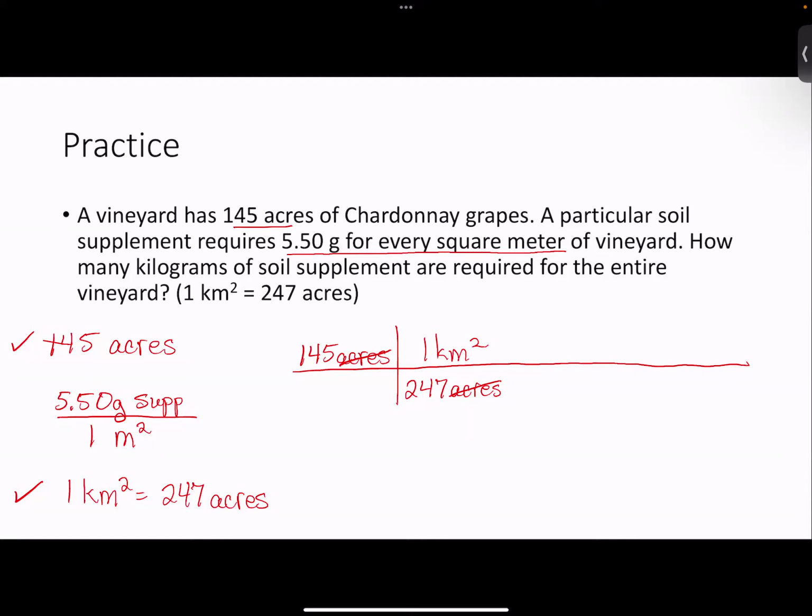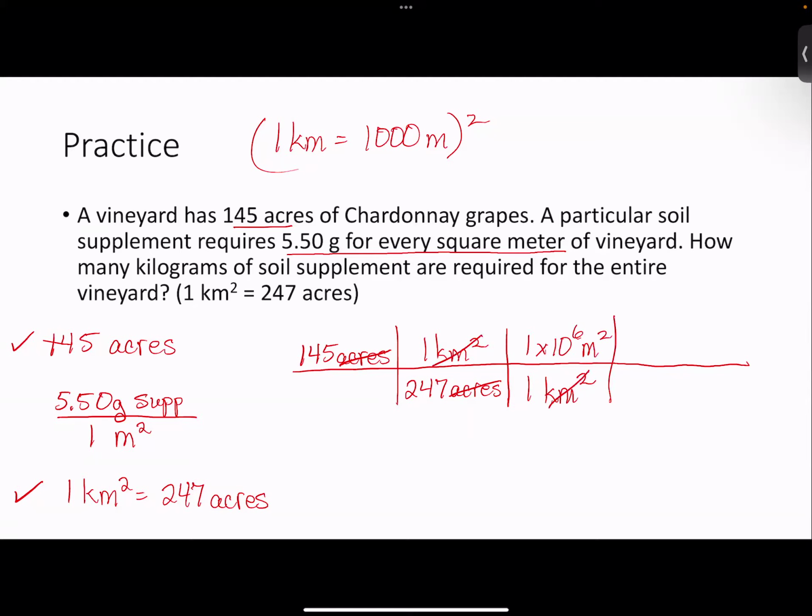What I know is 1 kilometer would equal 1,000 meters, but you've got to square that. So 1 kilometer squared is equal to 1,000 squared, which is 1 million meters squared.